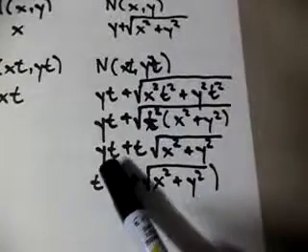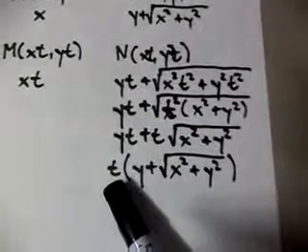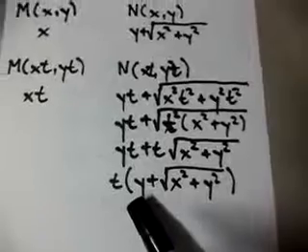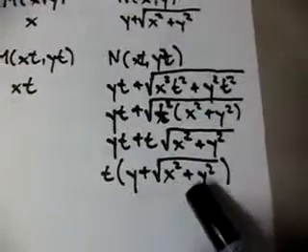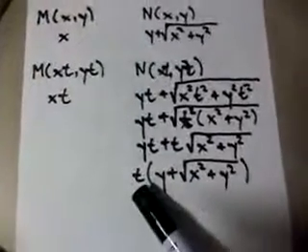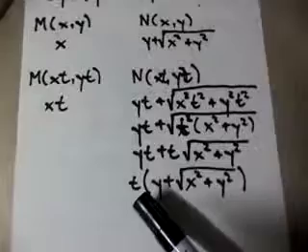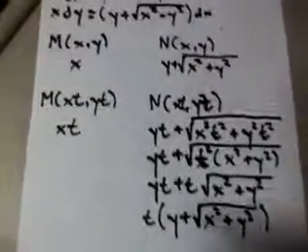Again, they have the common factor t, so t times (y + √(x² - y²)). They both have the same degree, so we can conclude that it is a homogeneous differential equation. Now we are ready to solve.